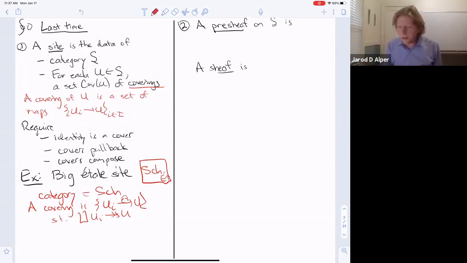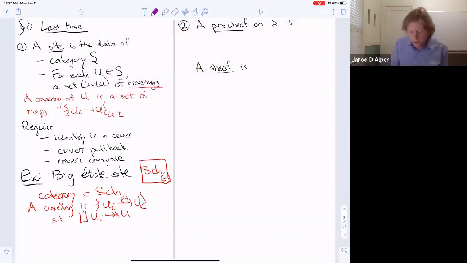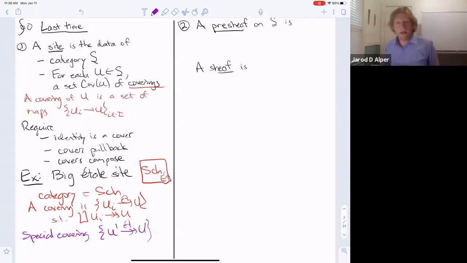And I want to emphasize a special case of a covering, which is just when it's given by a single map. So a special covering is of the form U_i to U, a surjective étale map.